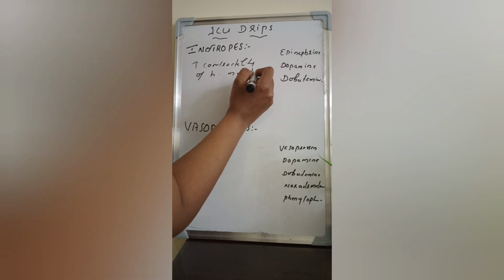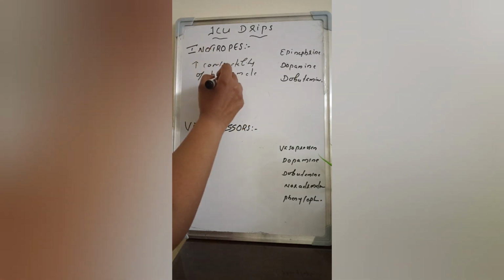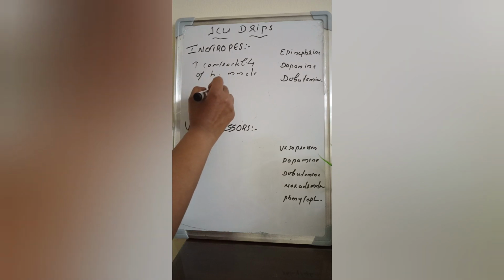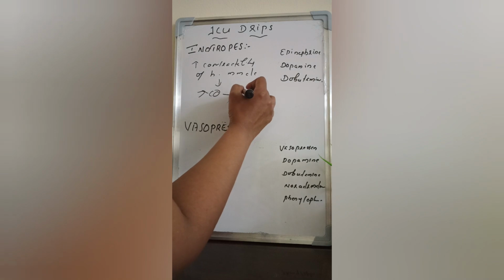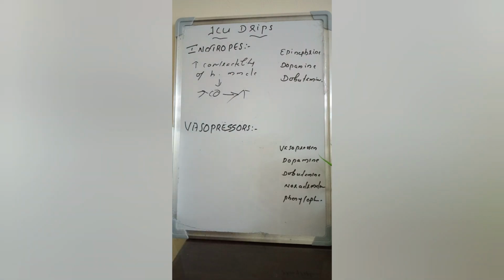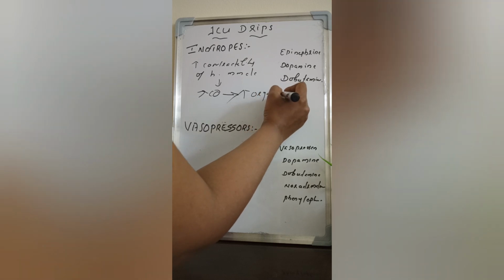So when increased contractility happens, what will happen? It automatically increases the cardiac output, and when there is increased cardiac output, what will happen? It increases the organ perfusion. Isn't it?